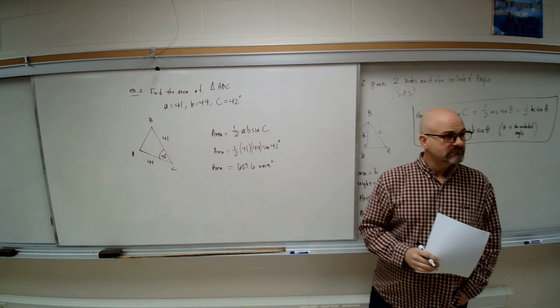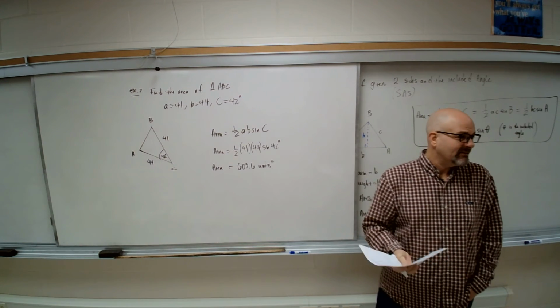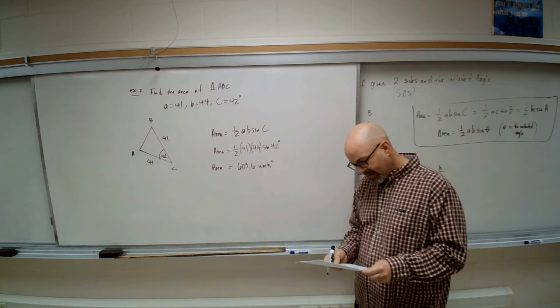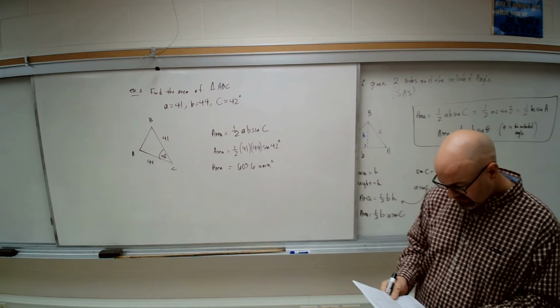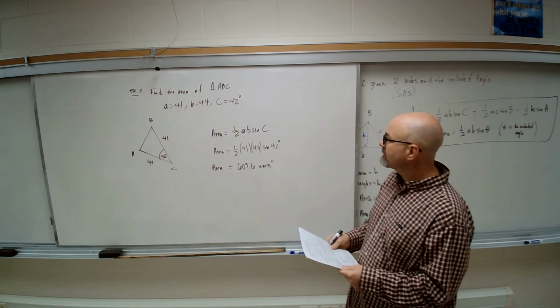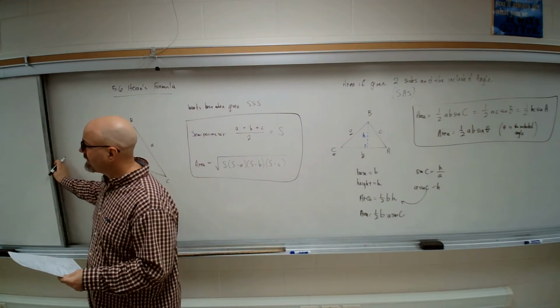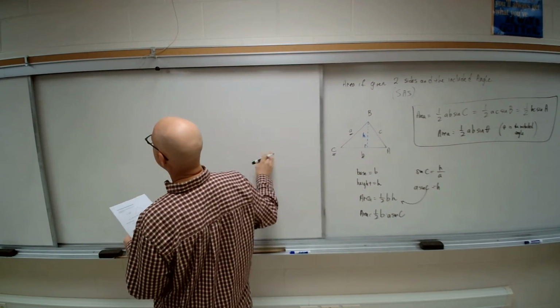Is that good? So pretty easy, right? I mean, these are shortcut formulas. They're just things that can make your life a little bit easier. So, very good. Let's go ahead and look at this third example, and I'll maybe have you give it a shot here before we move on.